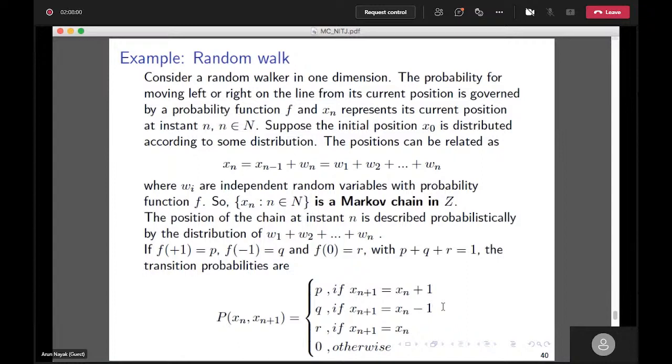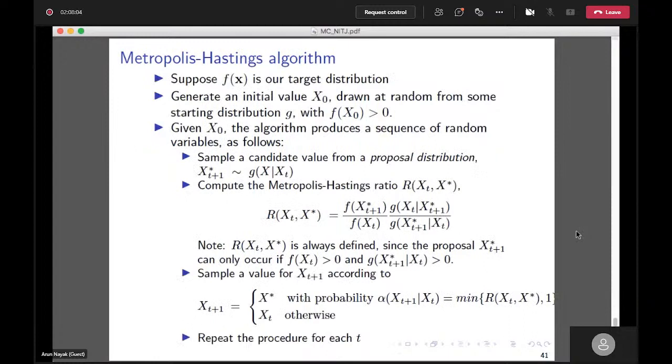Okay. So I actually skipped many things about Markov chains. There are some theorems and properties that a Markov chain has to satisfy to be used in Monte Carlo simulations. If the chain satisfies such properties and you generate the Markov chain for a long enough time, you can get a stationary distribution.